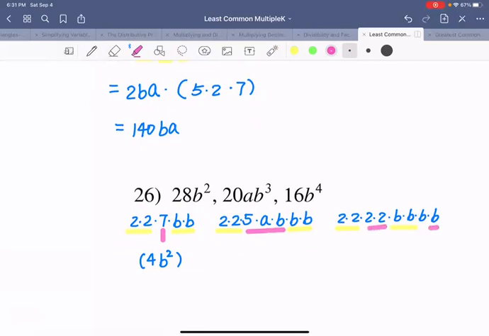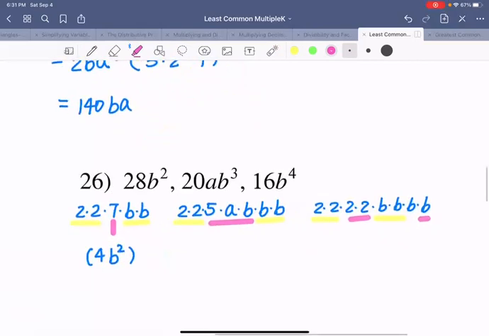Okay. So let's take care of the number first. So this is 7 and 5 and 4. We have to include all of them, correct? That's 140. Okay, so this is going to be 7 times 5 times 4.